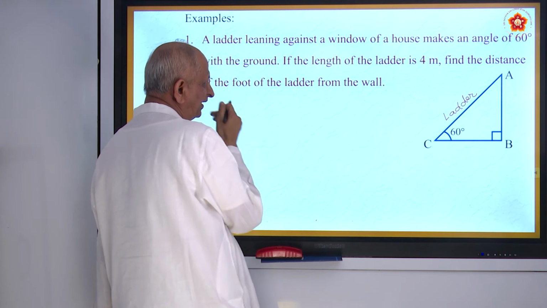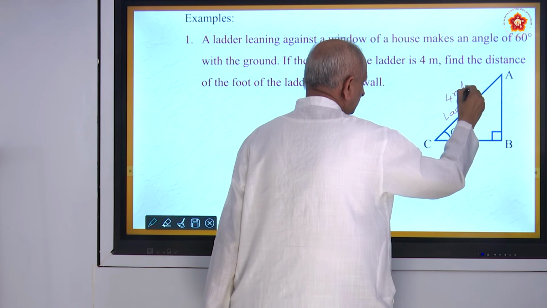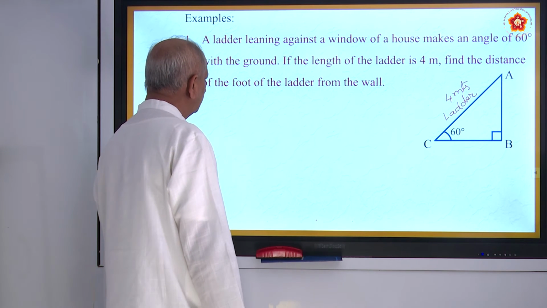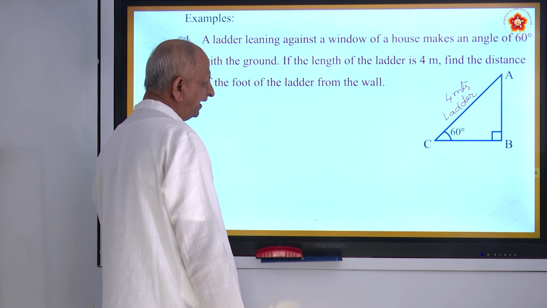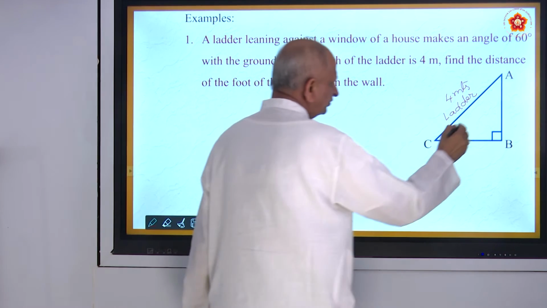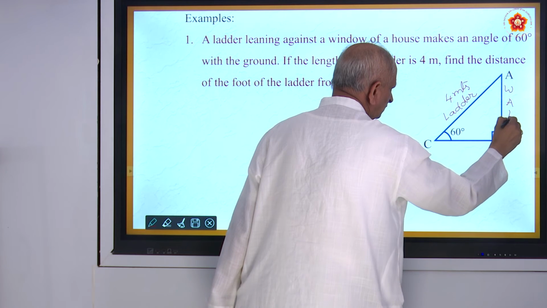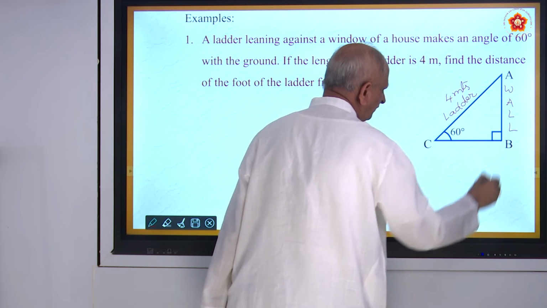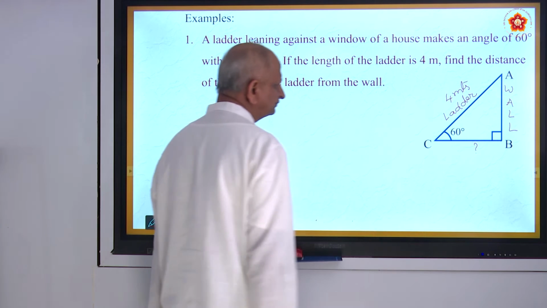The length of the ladder is given as 4 meters. Find the distance of the foot of the ladder from the wall. So this is the wall. This is the foot of the ladder. They are asking what is the distance.